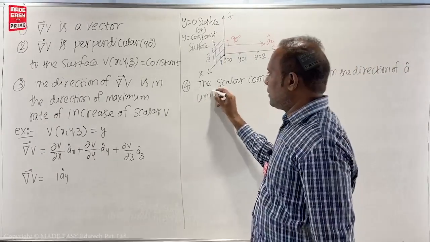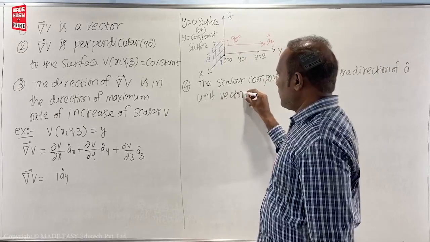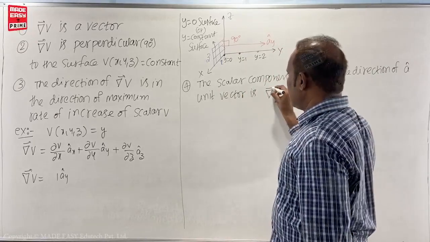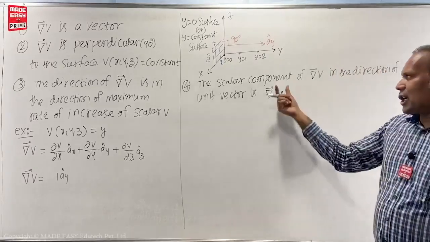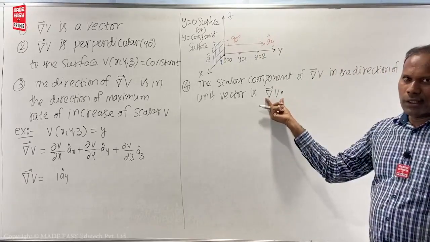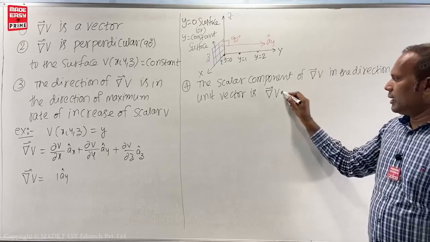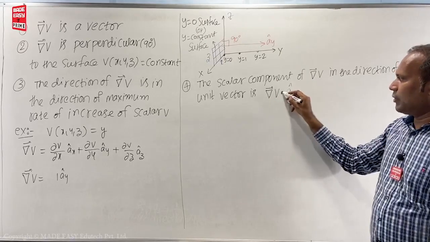I told you, if you want the scalar component of any vector in a unit vector direction, then you have to take the dot product of that vector with the unit vector.